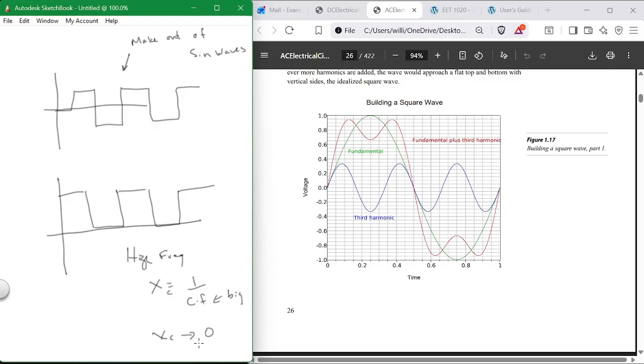It goes to 0, doesn't it? Correct? If R goes to 0, what happens to I? I gets big. That makes sense?